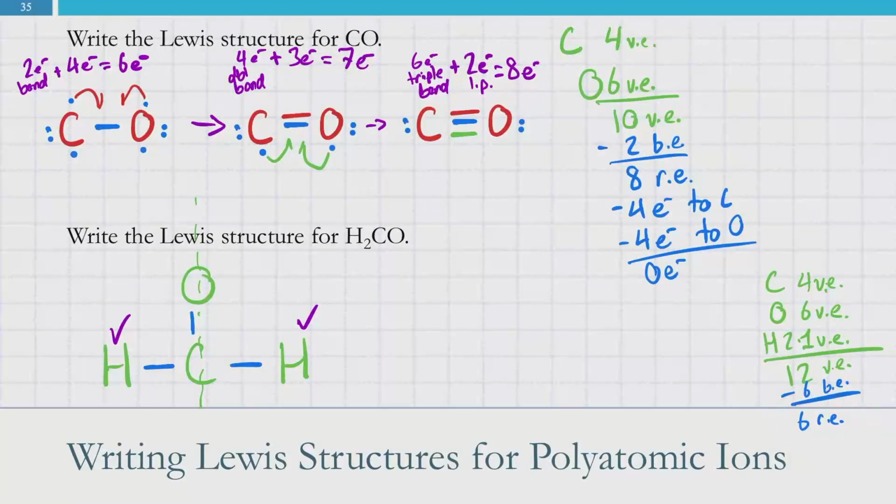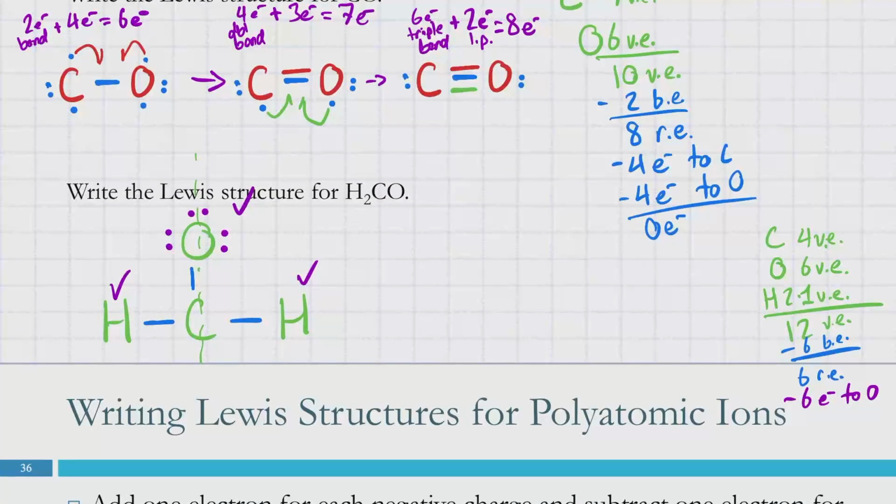We can add our 6 electrons to our oxygen. So our oxygen has a full octet. Are we good? Not quite. Why not? Carbon. Carbon just has 3 bonds.